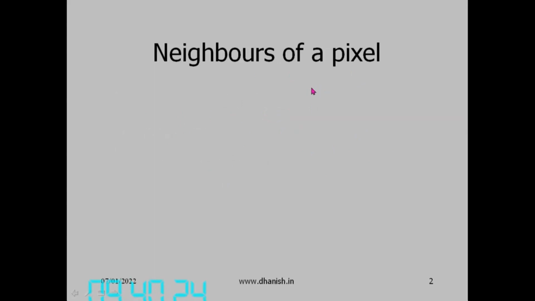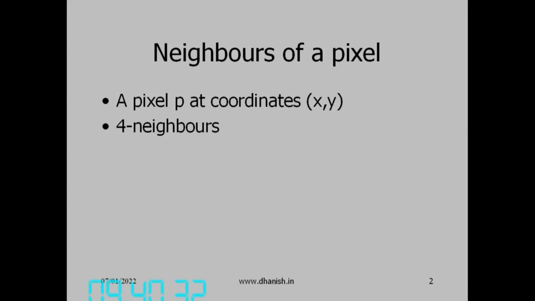So what are the neighbors of a pixel? We can think of two or three types of neighbors. Let the pixel be at coordinates x, y. One pixel can have one up, one down, one left, and one right. These are called the four neighbors of a pixel.